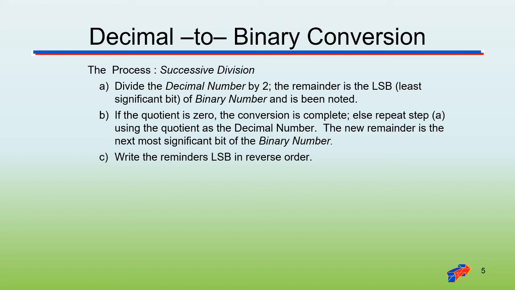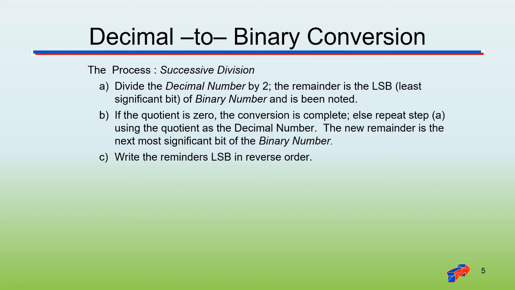Till the quotient becomes 0, the process needs to be repeated. When it reaches 0, the conversion is completed. Else repeat the same process. Now what will happen to the next dividend? The next dividend is the previous quotient.